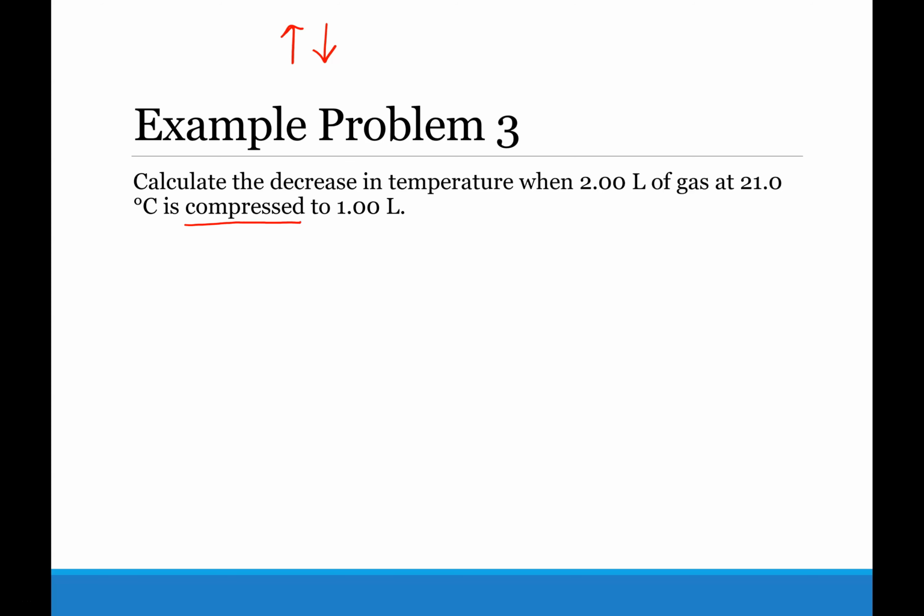So that means since conditions have changed, you're going to be using the combined gas law equation, which is P1 V1 over T1 equals P2 V2 over T2. So rereading the problem, liters is a unit of volume, so we know we're going to have a V1.